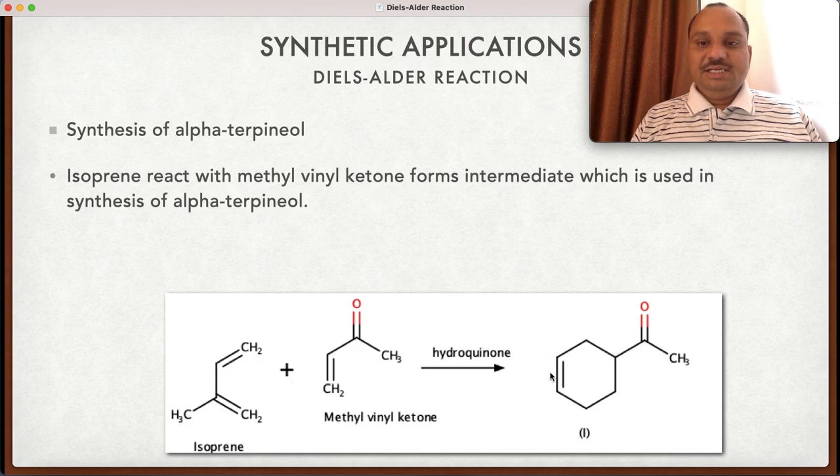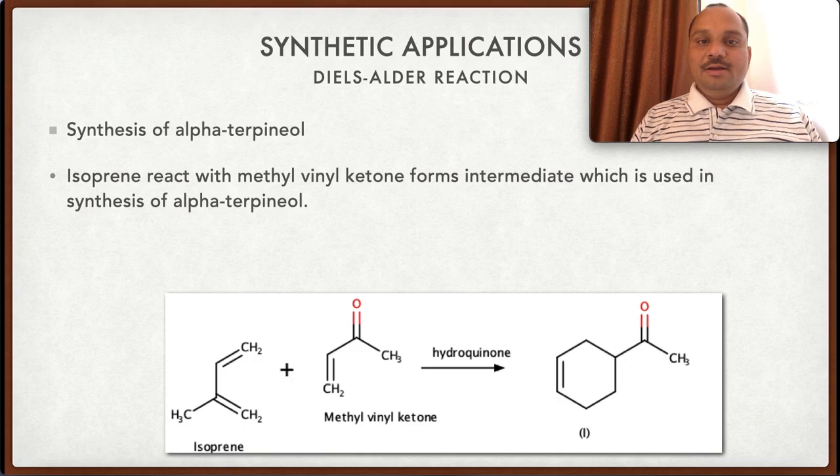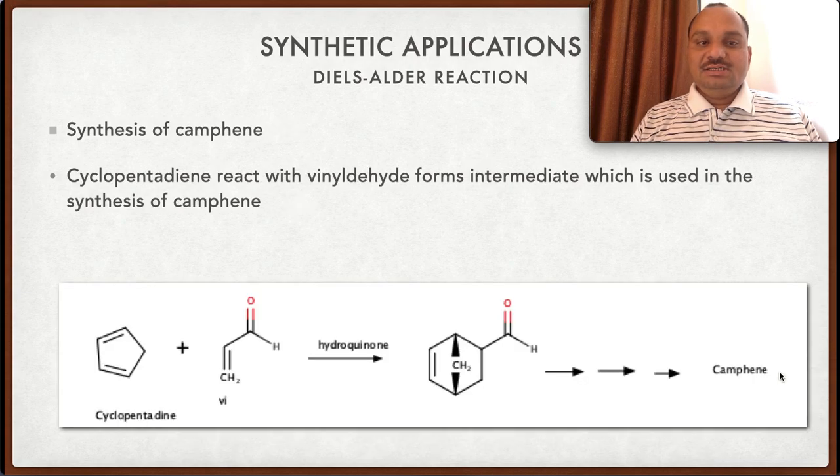This intermediate is used in the synthesis of alpha-terpineol. On treatment with methyl magnesium halide, that is the Grignard reagent, followed by hydrolysis, we get alpha-terpineol.